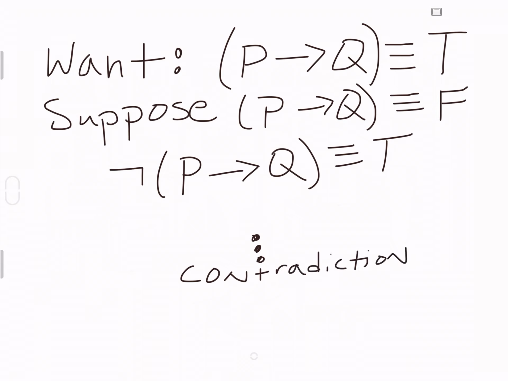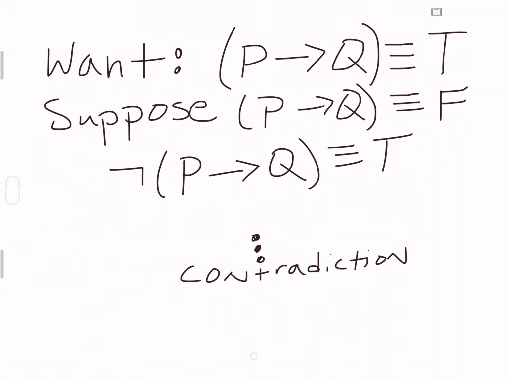A classic contradiction is something like, say, 0 equals 1, or 0 is less than 0, things that cannot be true. So then we reach this contradiction, so then we must conclude that our original supposition, this thing that we supposed, must not be true.